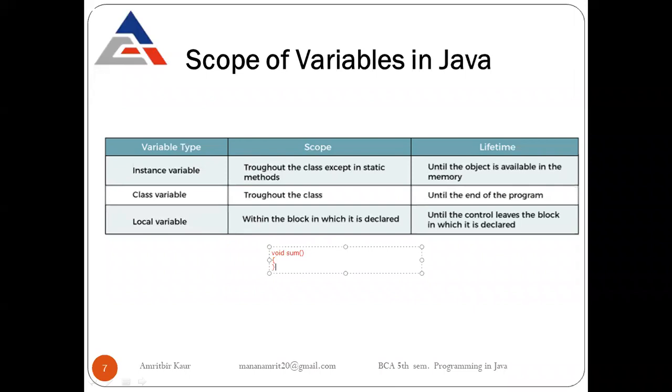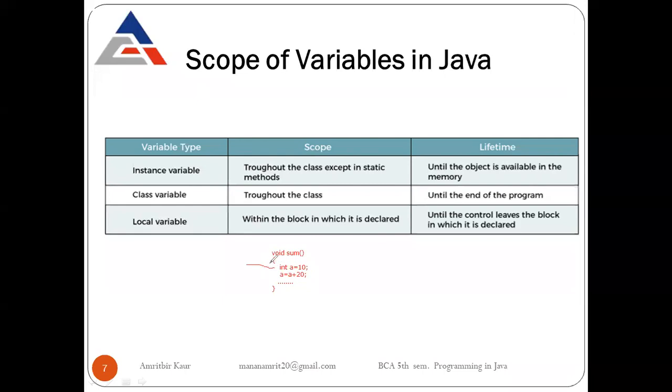This is the body of our function, and in the function we declare a local variable, like int a equals 10. Here we just add 20 to it, and after that we display it. So this variable a will be alive until this curly brace arrives.